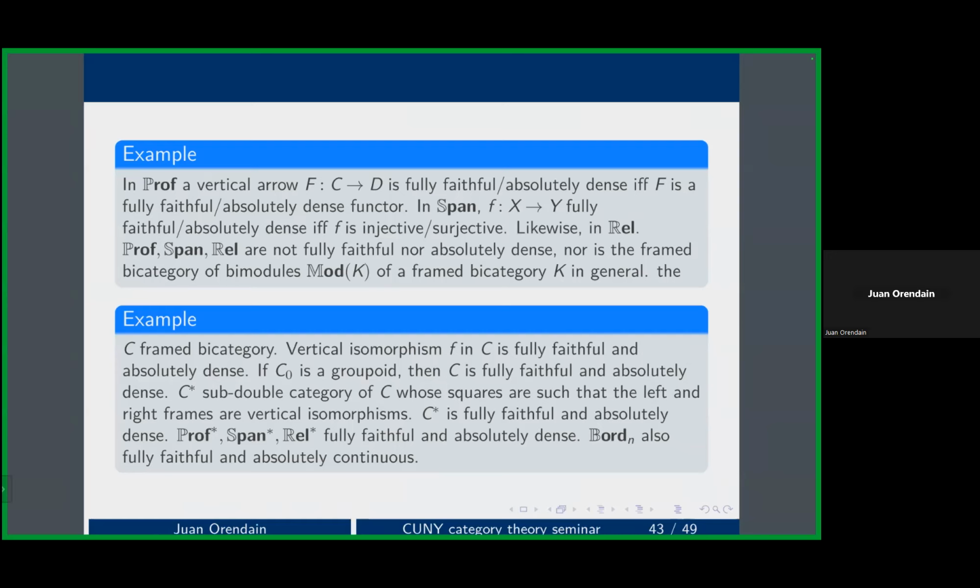And for every frame bicategory C we can associate a sub-frame bicategory, C star, formed by every square such that the left and right arrows are isomorphisms. That will always be fully faithful and absolutely dense. So for example, Prof star, Span star, and Rel star would be fully faithful and absolutely dense frame bicategories. Also, the frame bicategory of bordisms is fully faithful and absolutely dense.